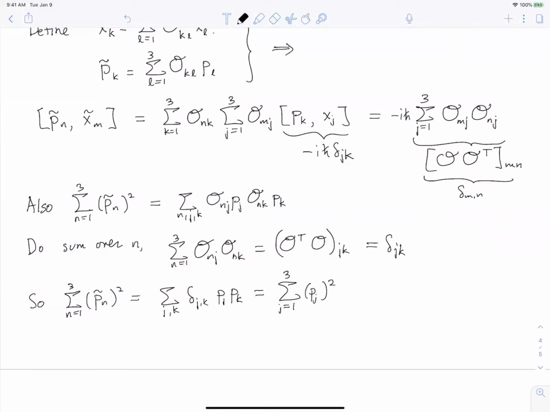So what that means is we can take in our original Hamiltonian the sum of the momenta squared components and just replace them by the same things with tildes on them.